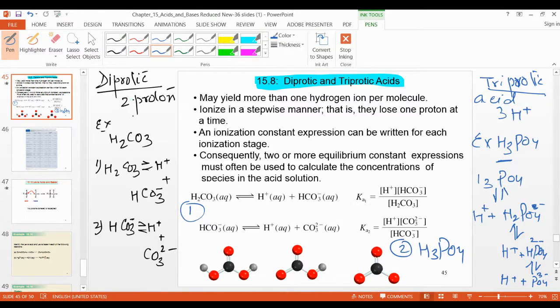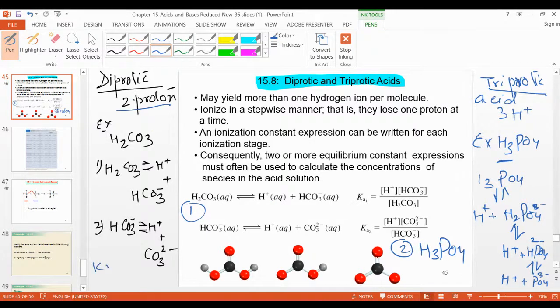So diprotic has 2 dissociation constants, Ka1 and Ka2. Triprotic has 3 dissociation constants: number 1 is Ka1, this is Ka2, this is Ka3.